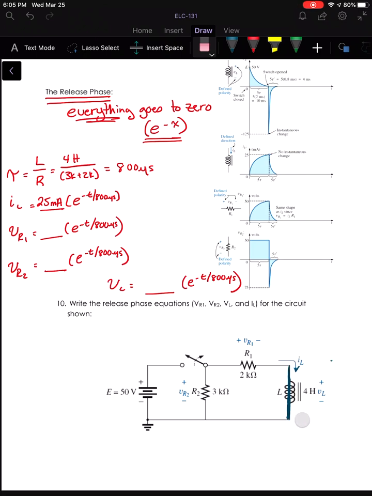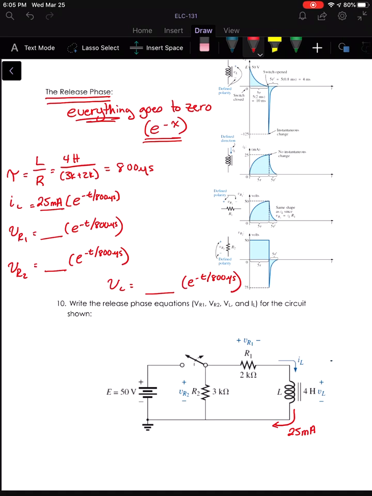Okay, so I'm going to get rid of everything here, and I'm going to make a note again that when we open that switch, right at that moment, we have 25 milliamps, and then over time, that's going to go to 0. So in about 4 milliseconds, it'll all be over, and that'll be 0.